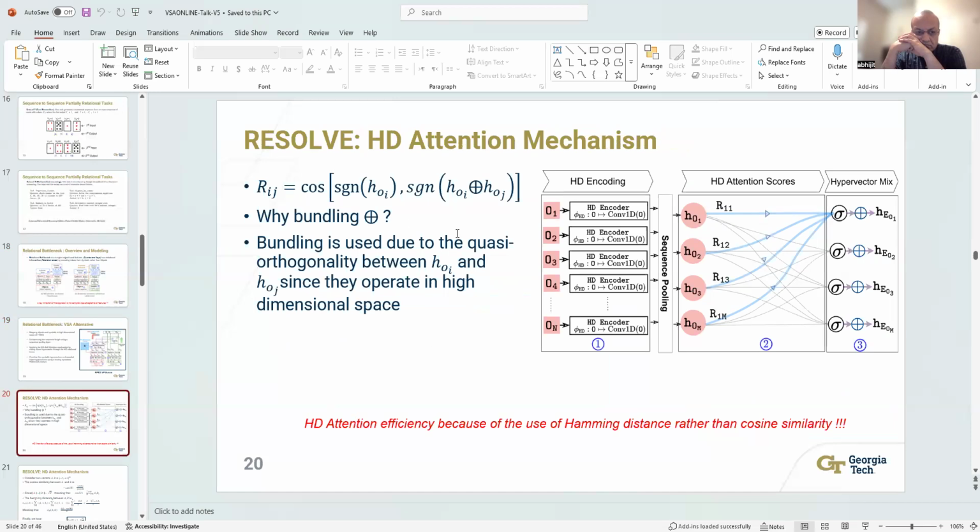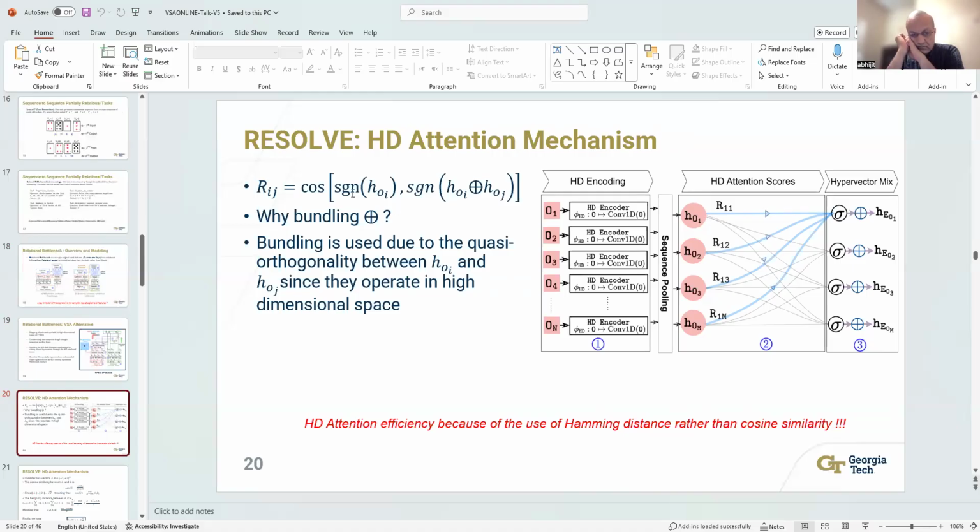So in this slide, we introduce the HD attention mechanism. The idea is to get the correlation between hypervectors. The only problem is that in high dimensional space, hypervectors tend to be orthogonal, meaning that if you compute the attention score the way it is done in the transformer, this will lead to almost zero similarity.